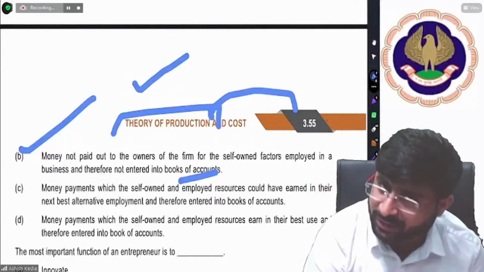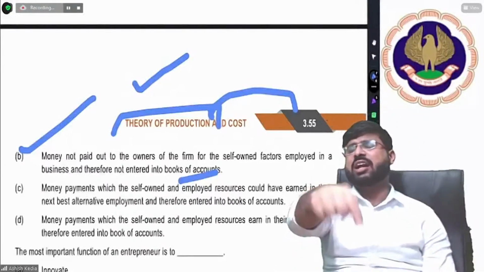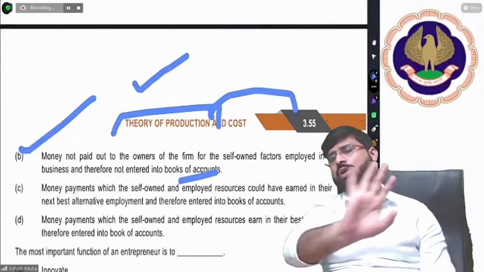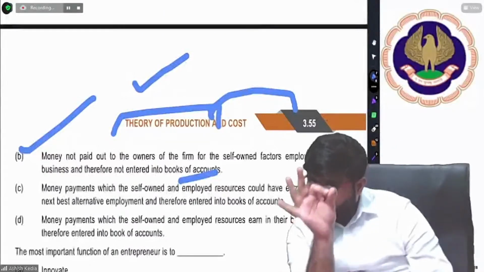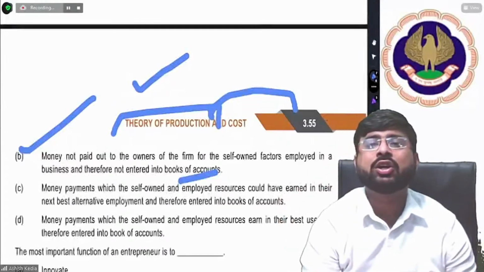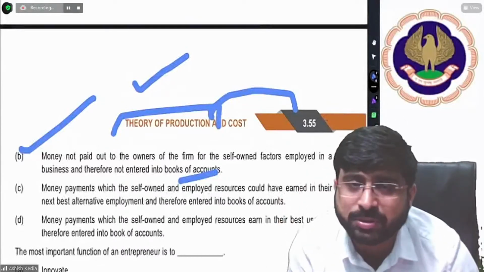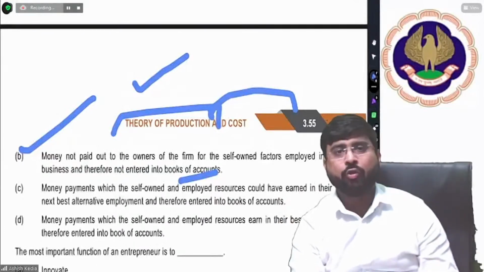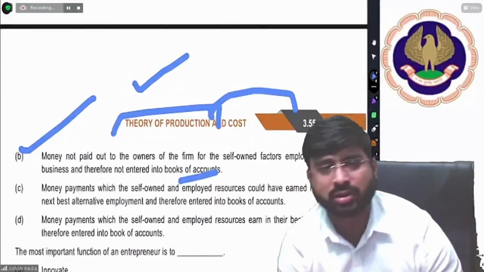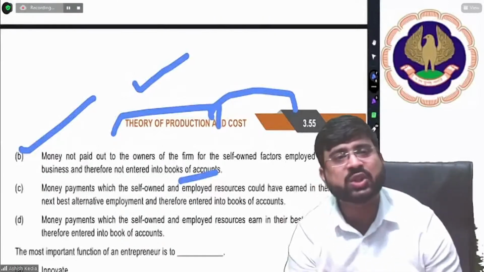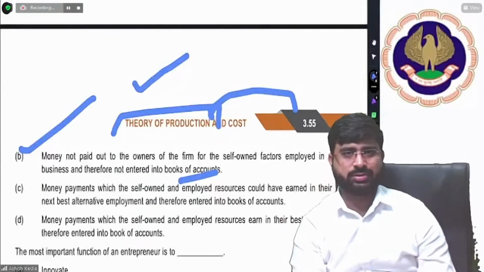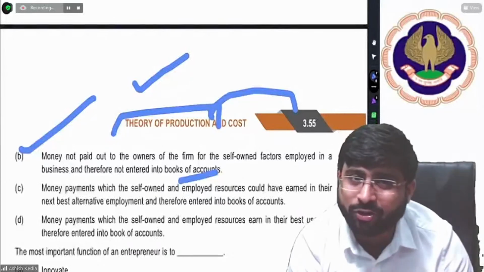Remember, for implicit cost to be incurred, everybody write down in the chat. After that only I will move forward.